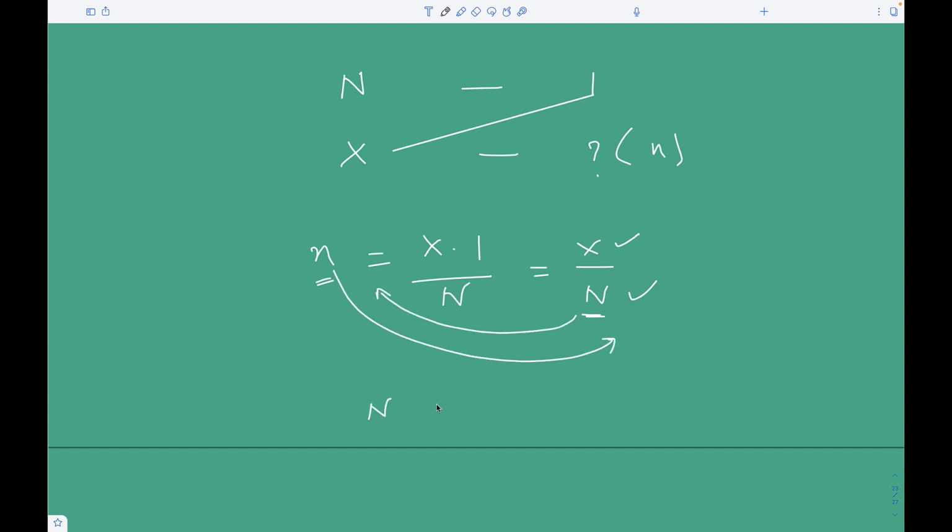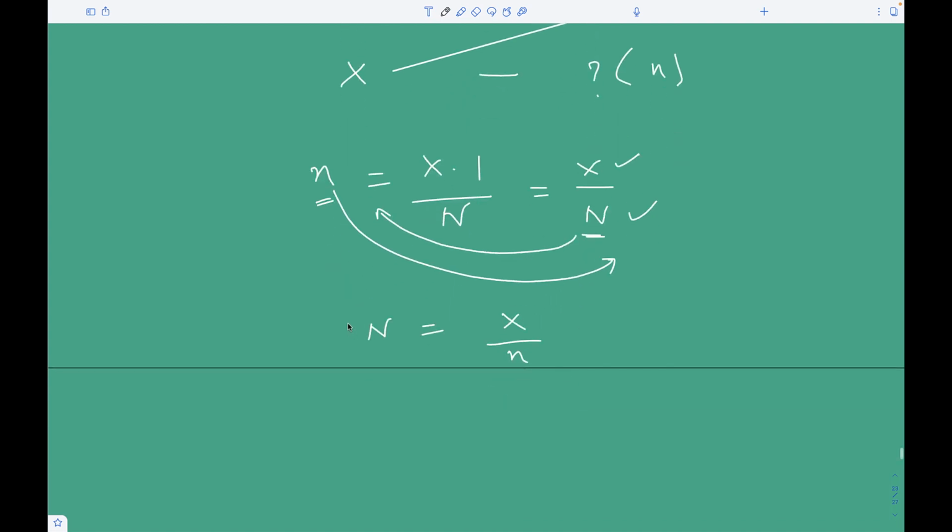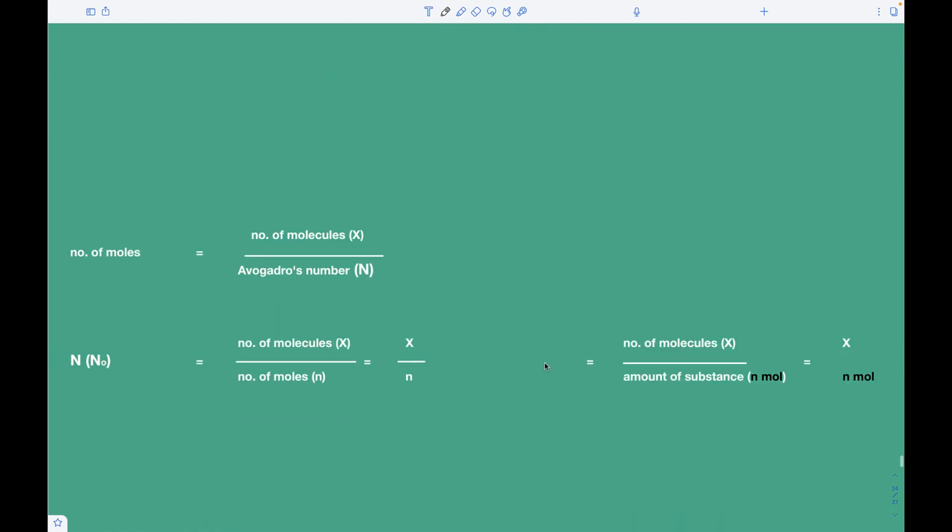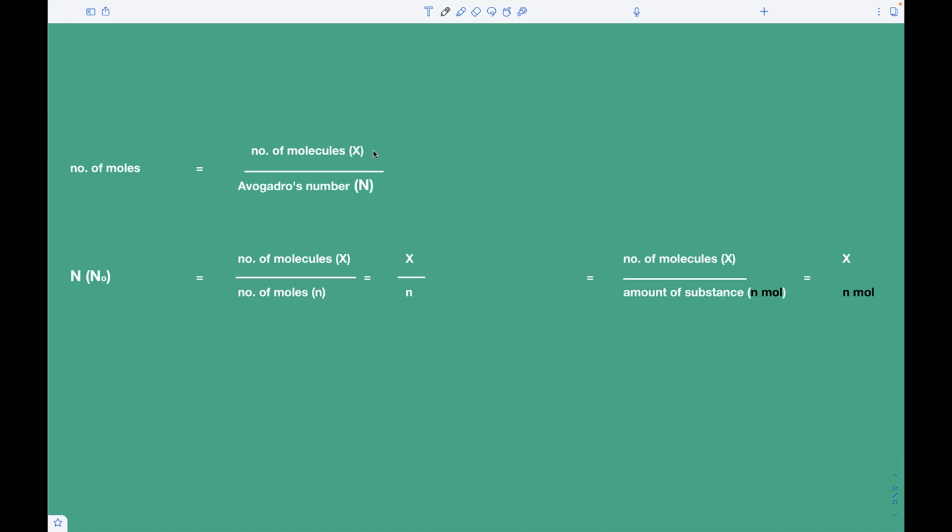Then capital N will be equal to capital X over small n. So Avogadro's number is the ratio between number of molecules and number of moles. And that is what we have here. Number of moles is equal to number of molecules over Avogadro's number, or Avogadro's number is equal to number of molecules over number of moles.